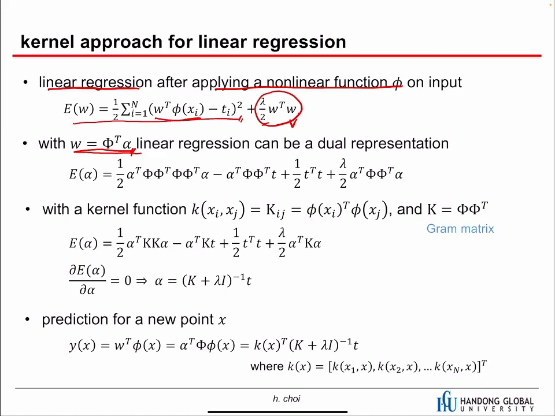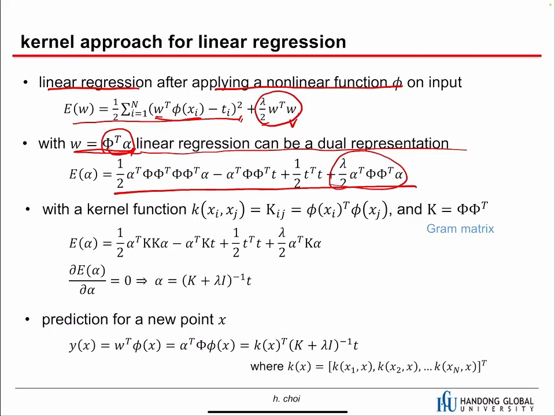As long as W is in the feature space, W could be represented by a weighted sum of feature vectors. Linear regression can have a dual representation. So just simply use this term in place of W here. Then we can have this term. Again, you can just ignore this term for now.